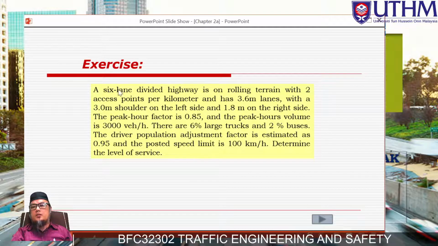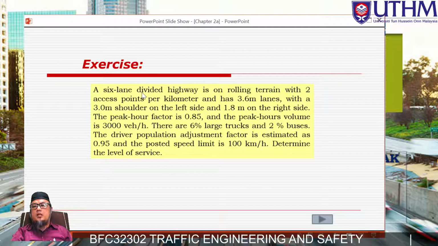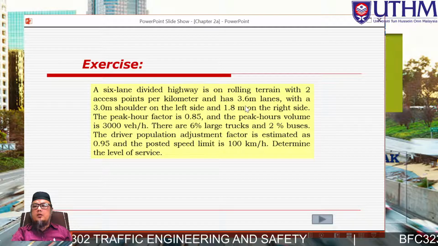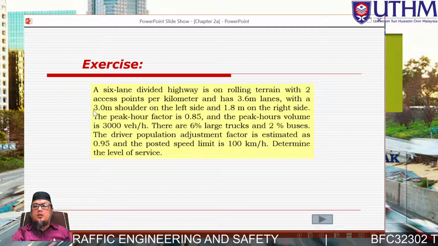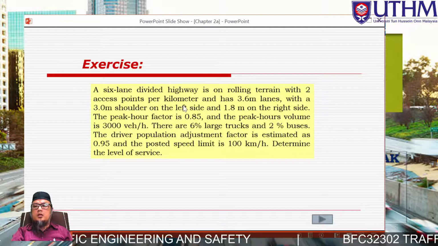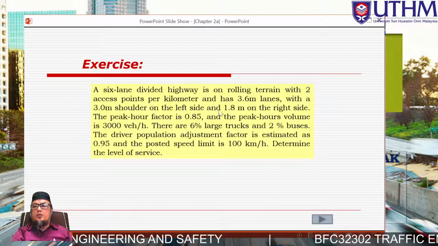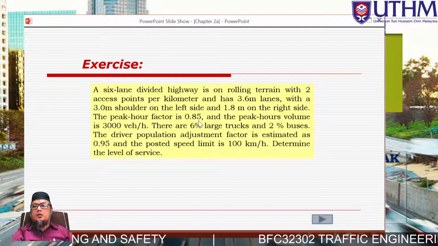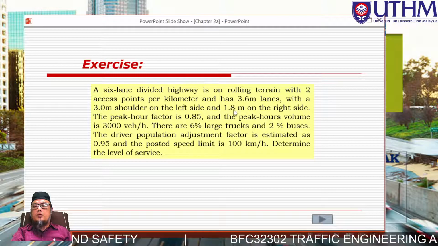Okay, the second question. This one is a 6-lane divided highway, rolling terrain, 2 access points, 3.66 meter lane, shoulder now they have 3 meters on the left side, but the right side 1.8 meter. You have to combine this one and take the maximum value as regards lateral clearance.